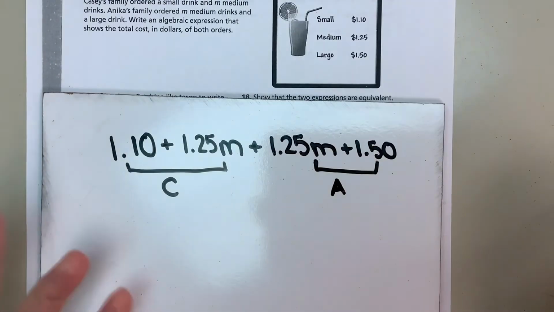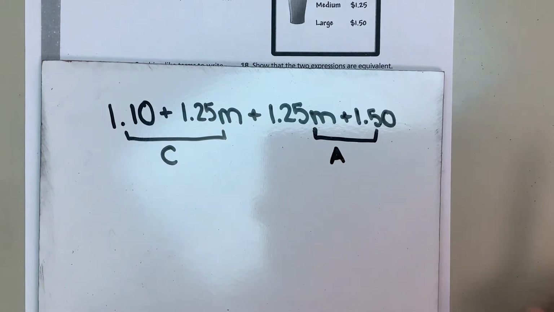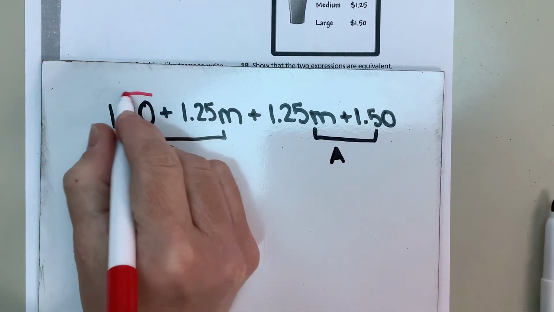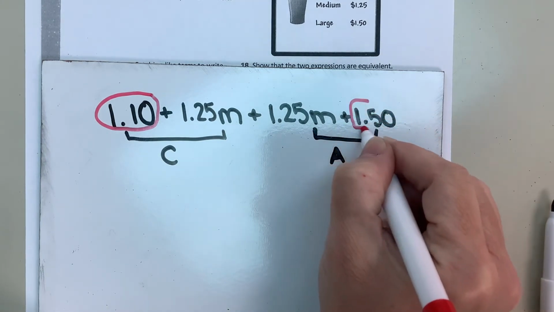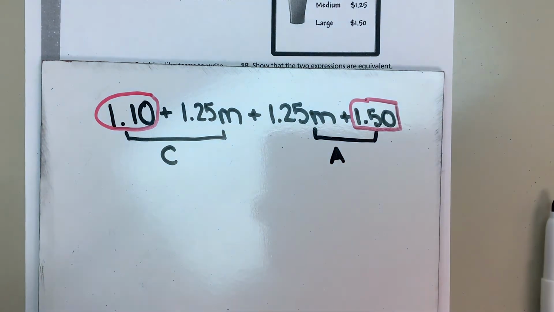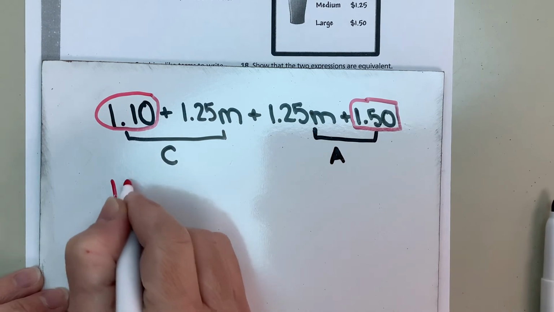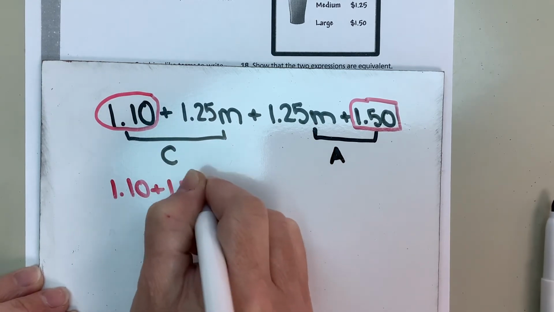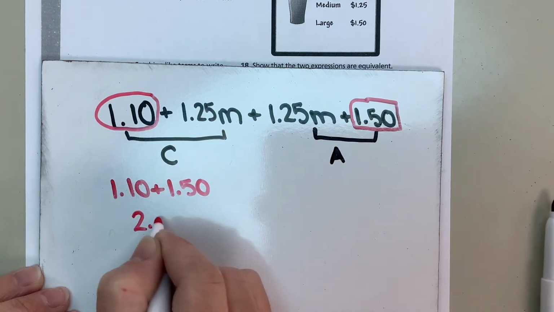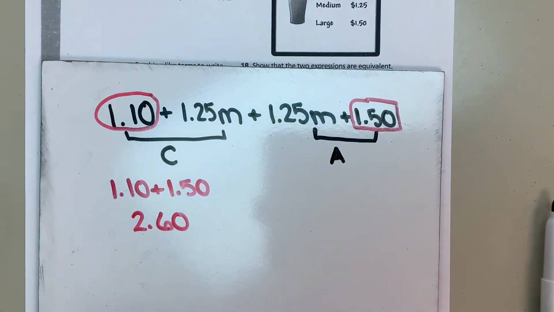Now, the second part of the problem asks you to combine like terms. So when we do that, again, that's thinking what is the same, and we can combine those. For instance, here's the $1.10, just money, and here's $1.50, just money. So we can put those two together, $1.10 plus the $1.50. When I add those together, I get $2.60. But we still have more here.